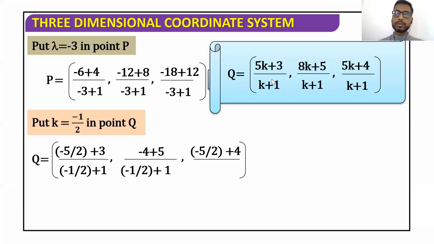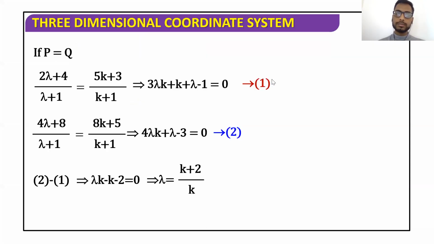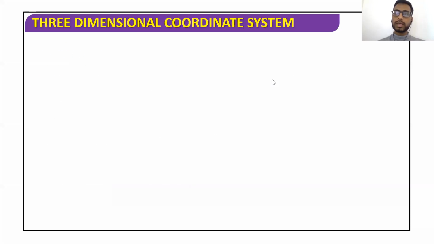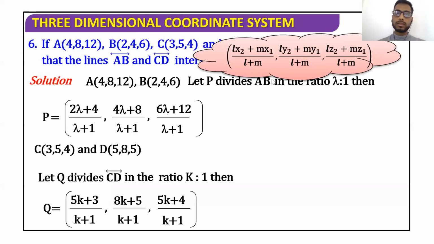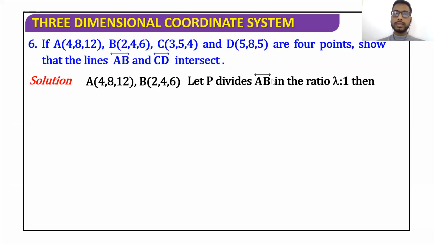So we'll go through this question once again, as there are multiple steps. The solving part is lengthy. However, from conceptual point of view, it's pretty straightforward. There are only 3 steps involved. First step, find a point P which divides segment AB internally in ratio lambda is to 1. Second step, find a point Q which divides segment CD internally in the ratio k is to 1.